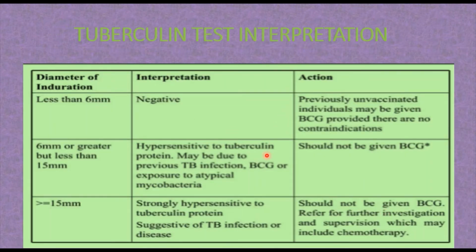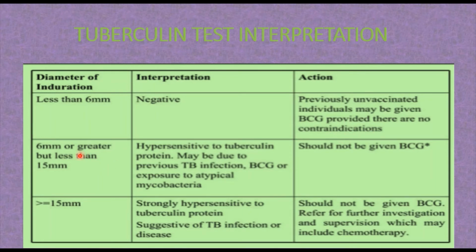Then tuberculin test interpretation: how are you going to interpret? If the size of the wheal is less than 6 millimeters, or 5 millimeters, it is considered negative. The action is that previously unvaccinated individuals may be given BCG, provided there are no contraindications.